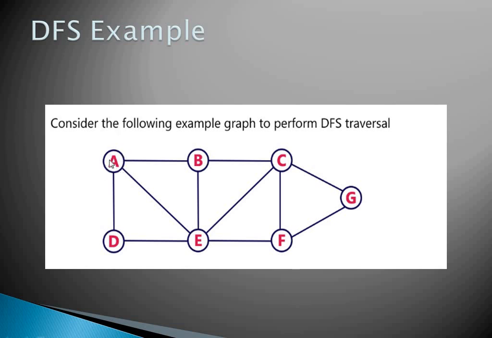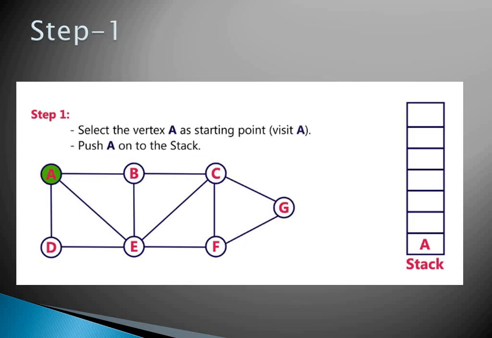If you choose A, then A will be the source point. From step number 1, this is the stack. As I told you, you have to check the number of vertices in the graph, and that will be the size of the stack. Here you can count 1, 2, 3, 4, 5, 6 and 7. So that is the maximum size of the stack, right?